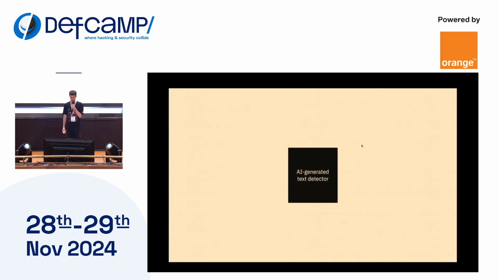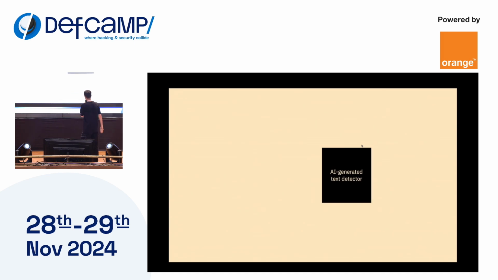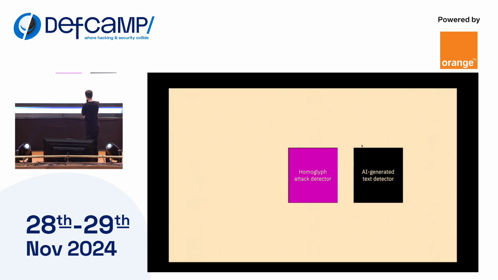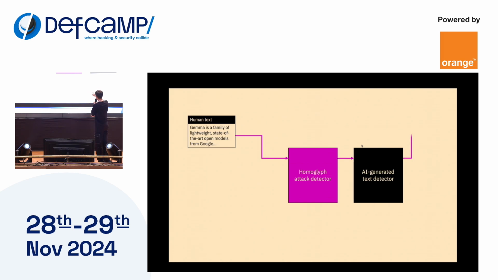Well, of course. We can simply try to have a system that takes a text. If it's human text, it passes the text to a detector. Very good, that's a human text, nothing weird here.